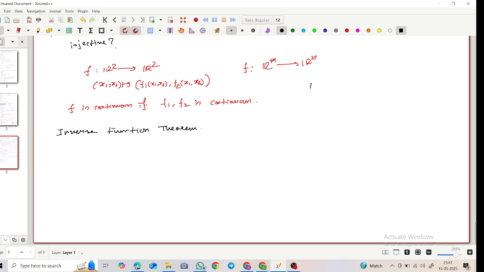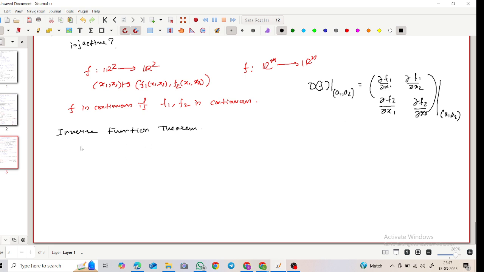We are defining the derivative of f at a point (a1, a2). That is the matrix del f1/del x1, del f1/del x2, del f2/del x1, del f2/del x2 at (a1, a2).